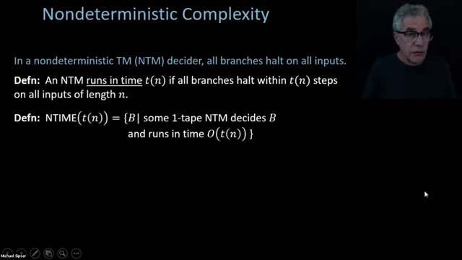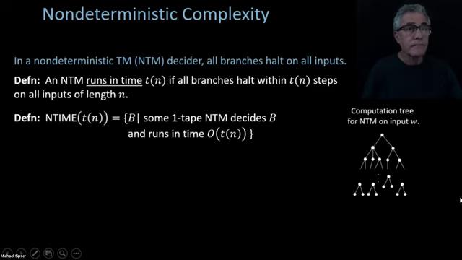Just think back to the definition we had for deterministic complexity, the time class, which sometimes people call DTIME to emphasize the difference, but let's just say we're calling it TIME versus NTIME. So TIME of T of n is all of the languages that you can do with a one-tape deterministic Turing machine, but here we have a non-deterministic Turing machine for non-deterministic time.